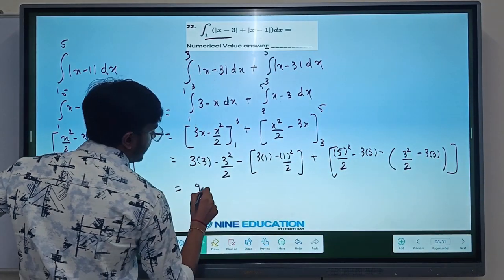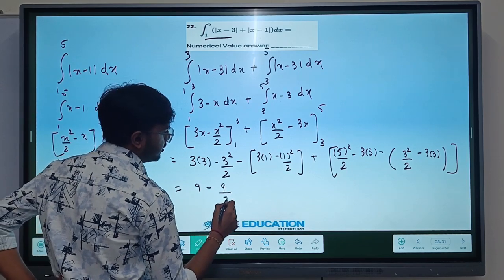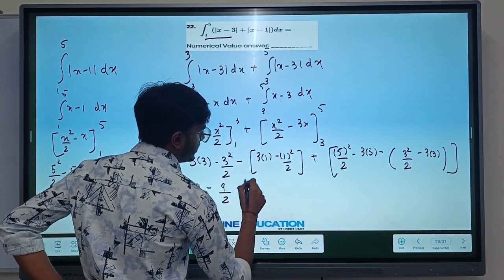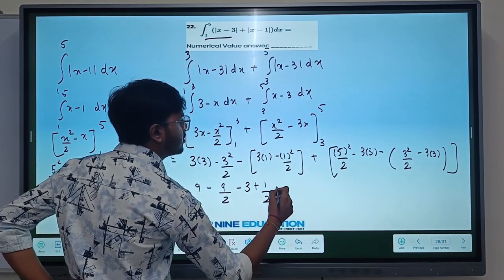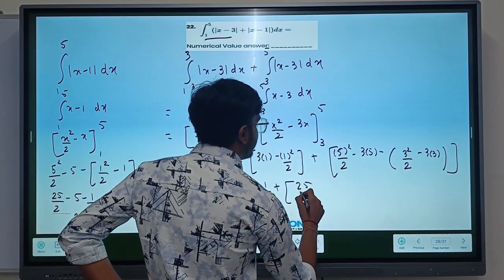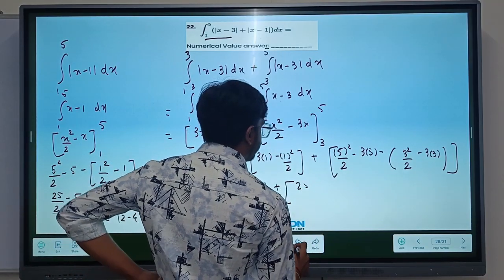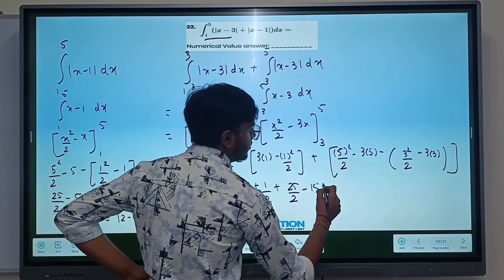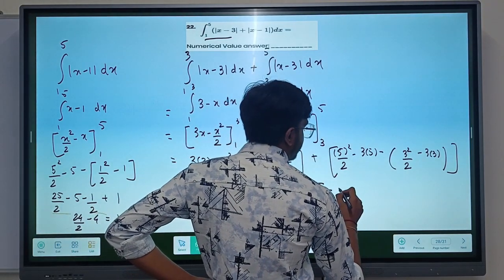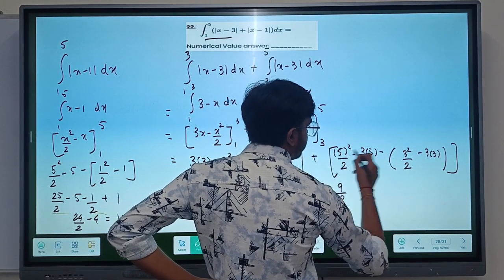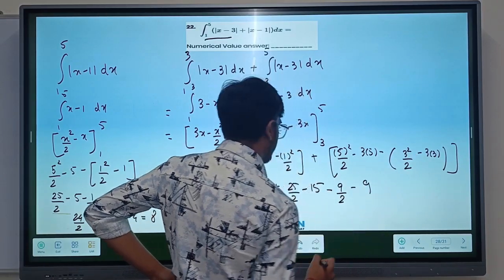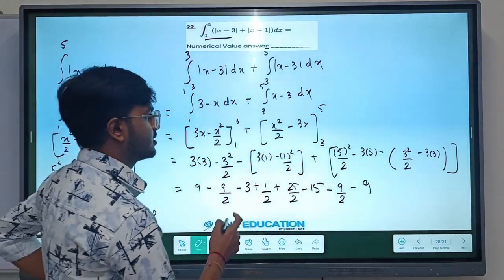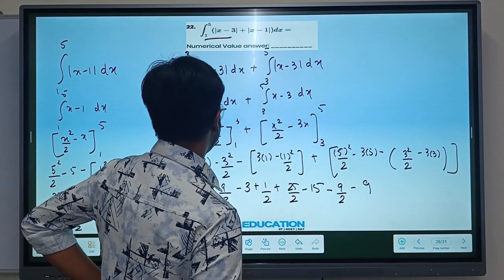So 3 into 3 is 9 minus 9 by 2, minus 3 into 1, 3 minus minus plus 1 by 2, plus 25 by 2. I can remove the bracket, it's anyways just plus 25 by 2 minus 15, plus minus minus 9 by 2, plus minus minus 9. Sorry, plus minus minus 9.